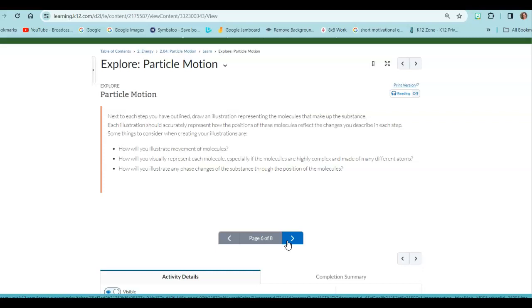How would you visually represent each molecule, especially if the molecules are highly complex and made of many different atoms? So for instance, water would be very easy, but sugar, we know, has a much more complex atomic formula. So how would you represent that? And then how will you illustrate any phase changes of the substance through the position of the molecules?